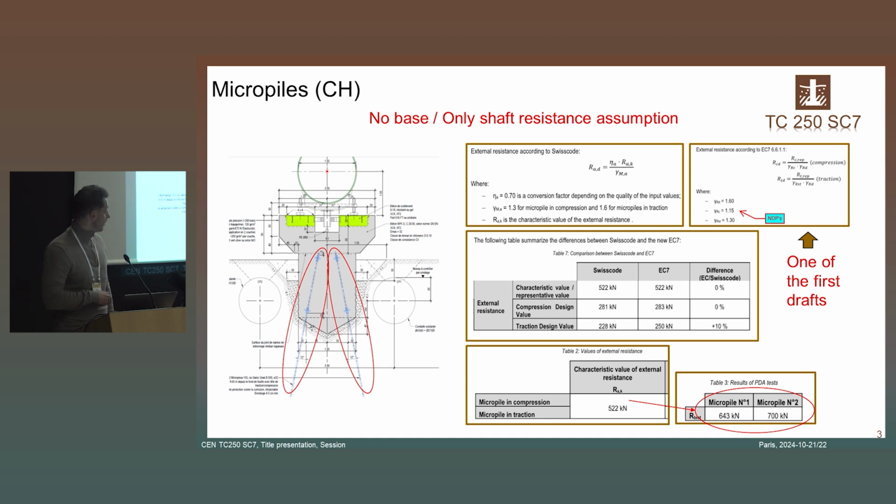As well, what he did is that for this construction there are 2 dynamic tests done, and he made a comparison to the characteristic value that he obtained.